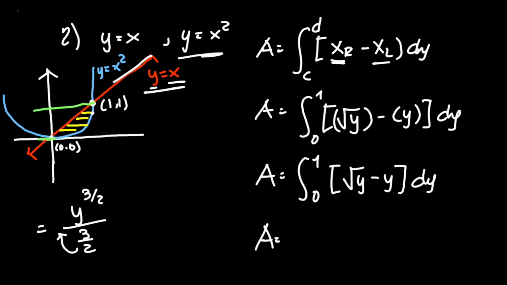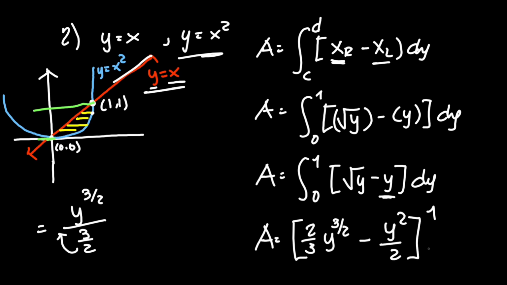So your final answer would be equal to 2 over 3 multiplied by y raised to the power of 3 over 2, minus integral of y, it is simply y squared over 2, with the upper limit of 1 and lower limit of 0.